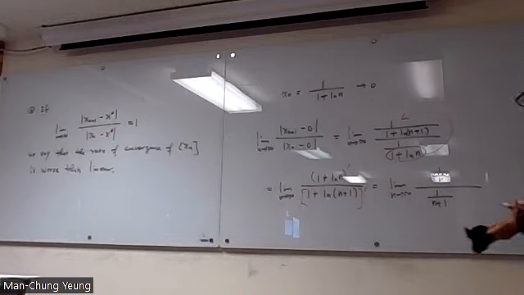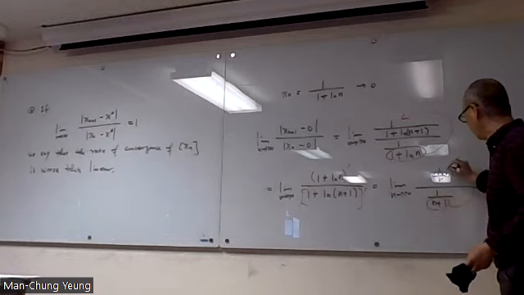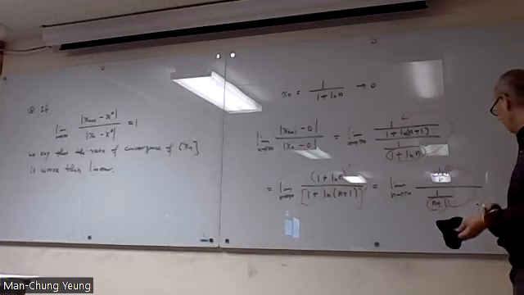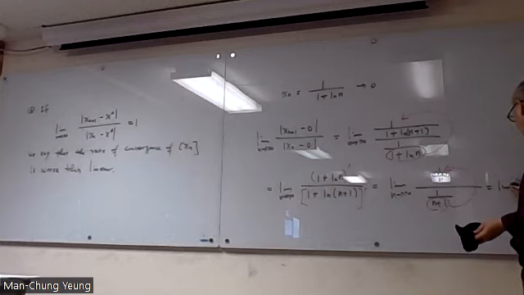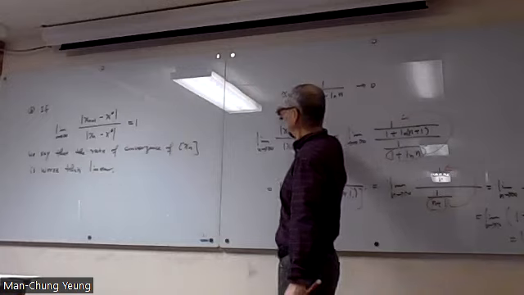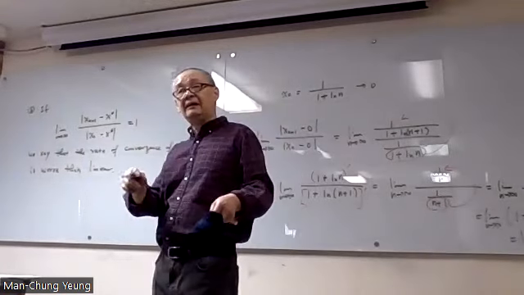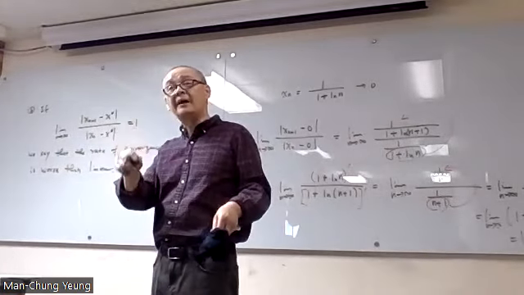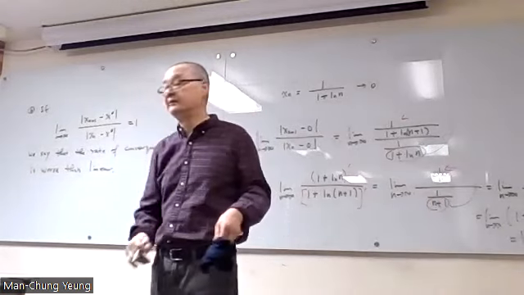Now move this to the top, and I get the limit as n approaches infinity of (n plus 1) over n, which is the limit of 1 plus 1 over n. So the limit is 1. The convergence rate of x is worse than linear.